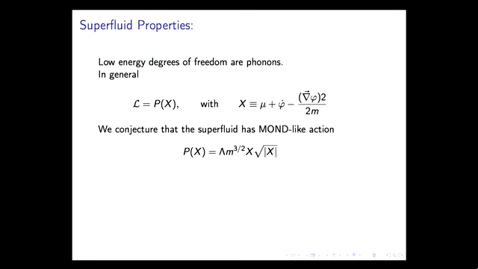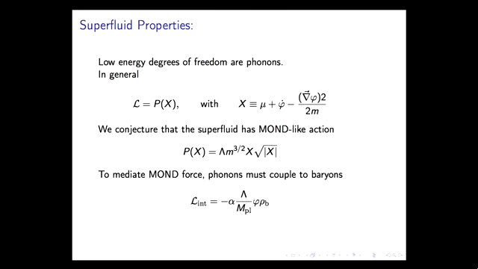Instead, we want these phonon fields to act as a MOND mediator, a mediator of the MOND force. Motivated by the success of MOND at galactic scales, we just conjecture that the equation of state will have this x to the 3/2 behavior. So let's assume that's the case.